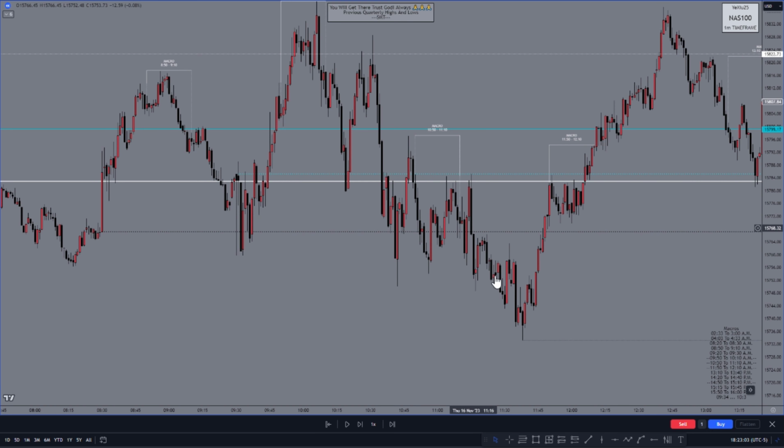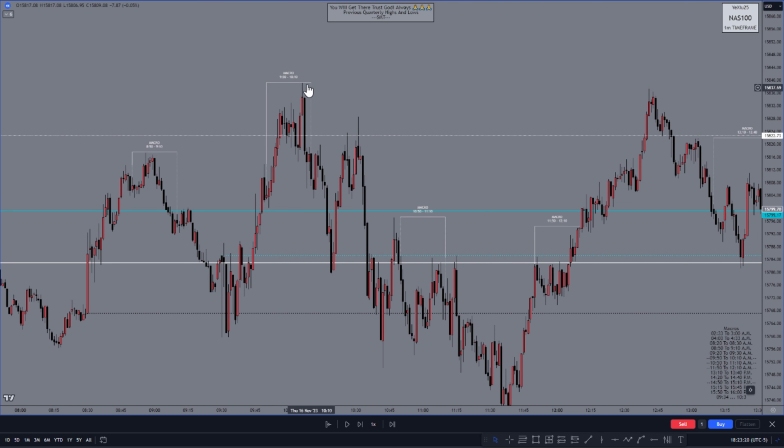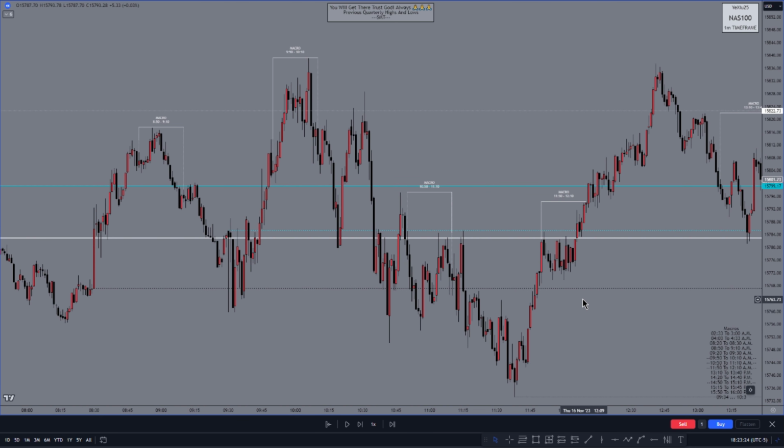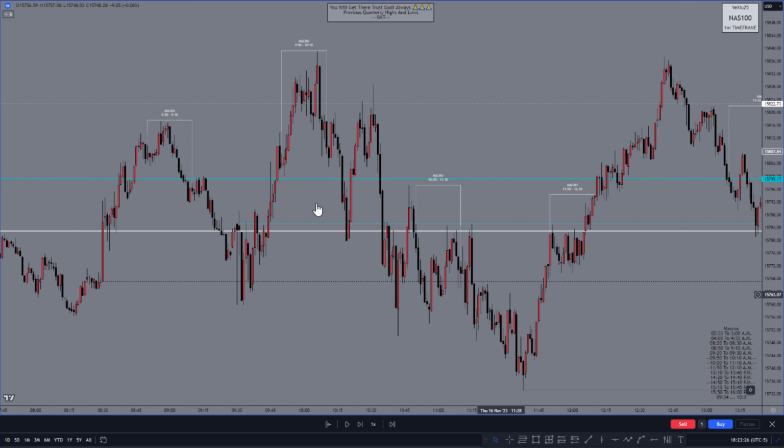So price will go down until it reaches a higher time frame PD array, liquidity, and imbalances like a fair value gap in the higher time frame, and after that you could expect a market structure shift right here and going back up again. Buy side, buy side, buy side liquidity. Okay, did you get what I mean? I think you get it.